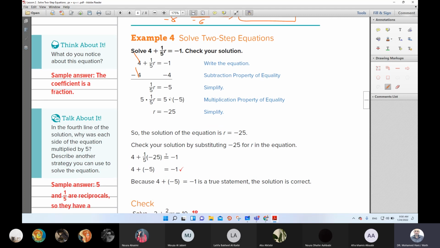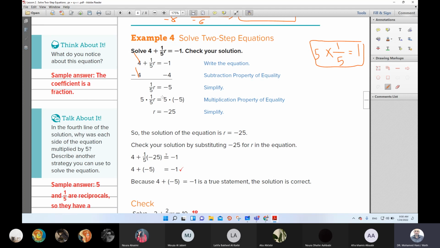Then, as you remember from the last module, if you want to remove the number, multiply this number by the reciprocal. What is the reciprocal of 1 over 5? 5. Because a number multiplied by its reciprocal always equals 1.